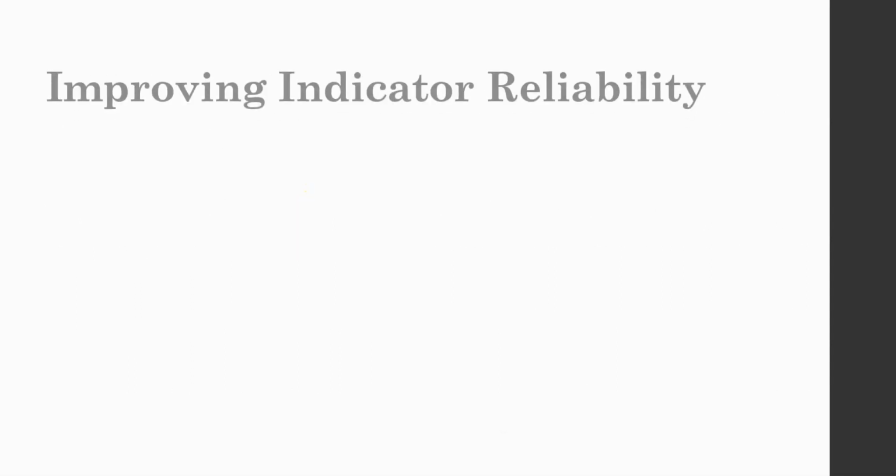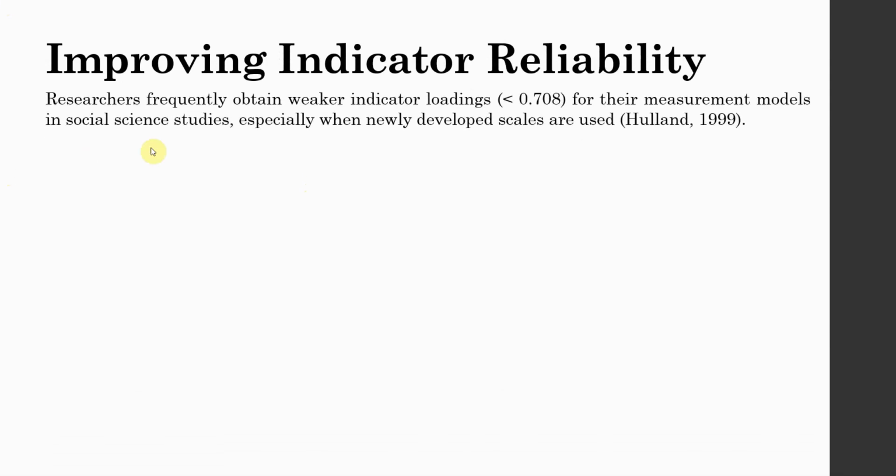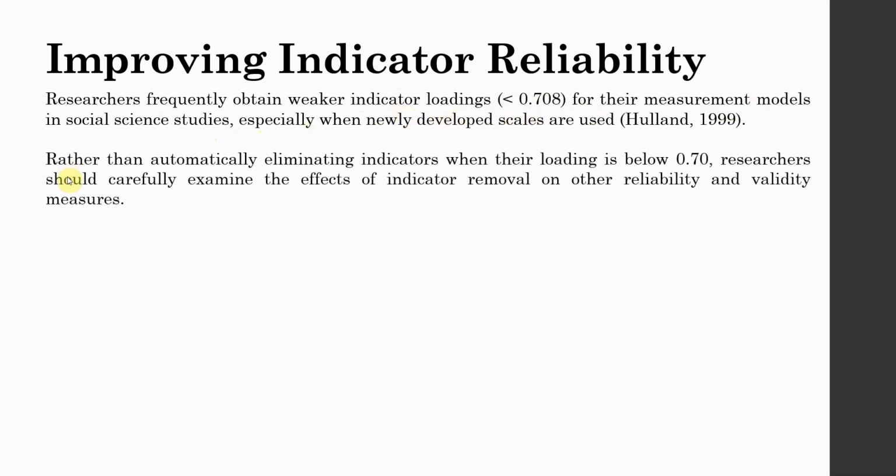Moving on. So how do we improve indicator reliability if it is less than the threshold value? Researchers frequently obtain weaker indicator loadings, that is less than 0.708, for their measurement models in social sciences studies, especially when newly developed scales are used. Rather than automatically eliminating indicators when their loading is less than 0.70, researchers should carefully examine the effects of indicator removal on their reliability and validity measures.